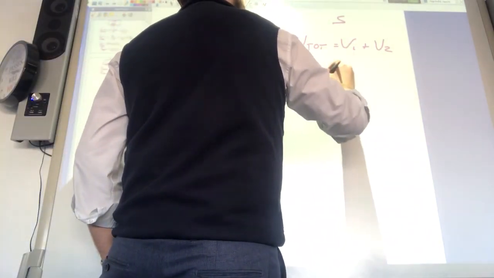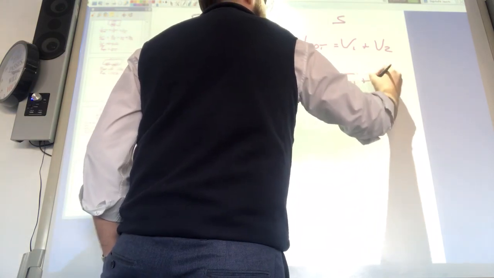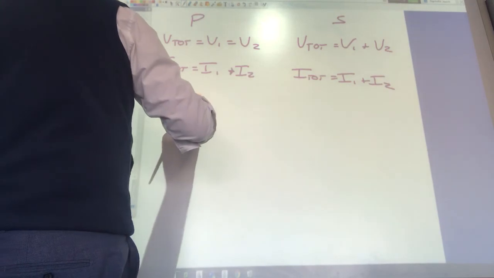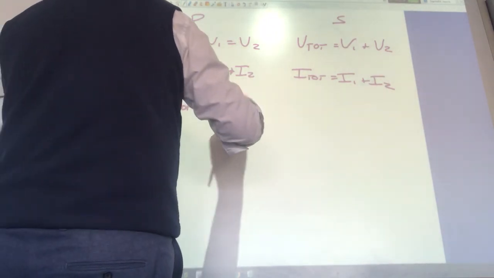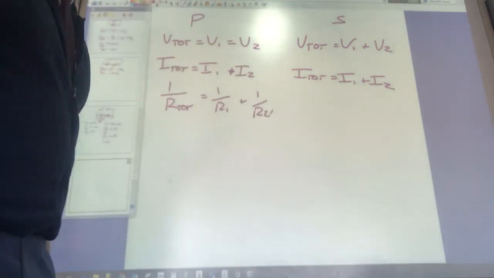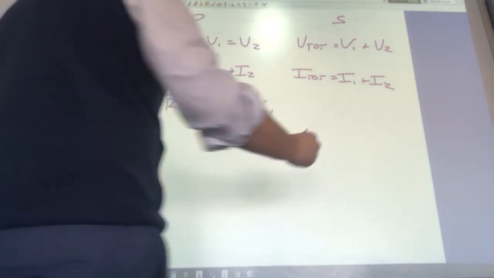In a series circuit, the current is the same everywhere. Resistance: 1 over R total equals 1 over R1 plus 1 over R2. In a parallel circuit, the resistance will always be smaller than the smallest resistor, and the resistance in a series circuit is additive.